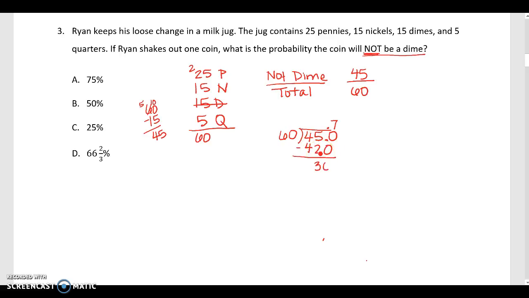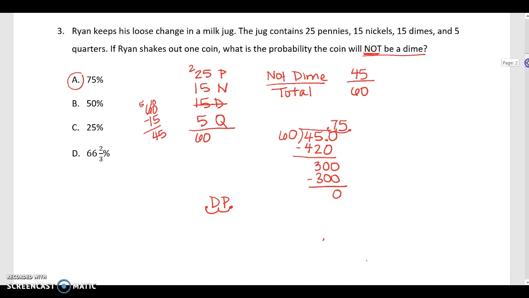So I get 30 or 300. 6 times 5 is 300. Okay, so 0.75. Now to go from decimal to percent, you put the decimal by the D for Dr. Pepper, and you have to move it 2 places to the right to get to the P. So I move it 2 places to the right to change it to a percent, so 75%.